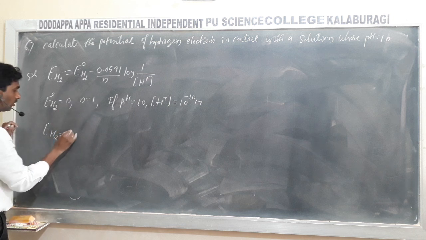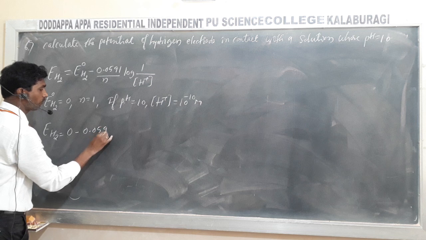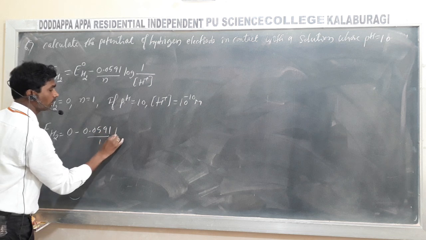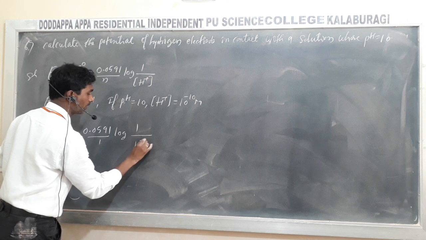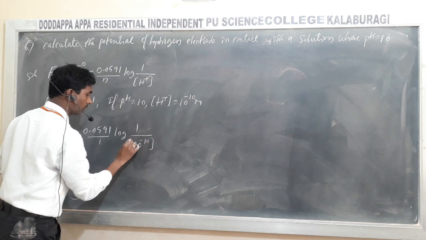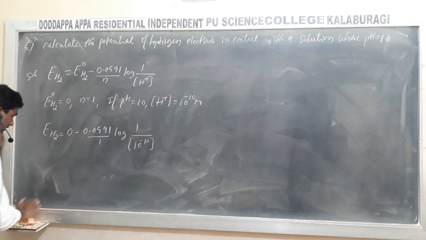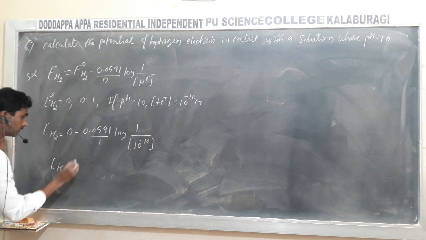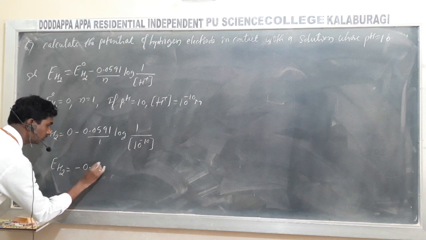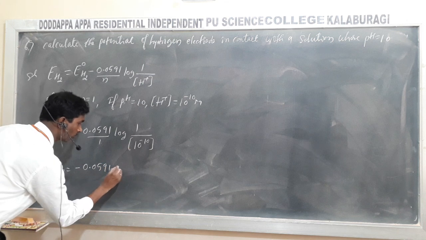E naught of hydrogen is 0, so E of hydrogen is equal to 0 minus 0.0591 divided by 1, log of 1 divided by 10 to the power of minus 10.